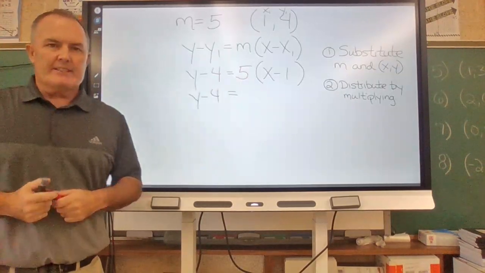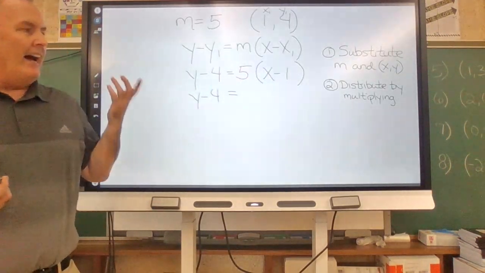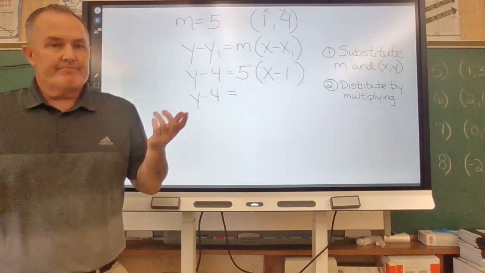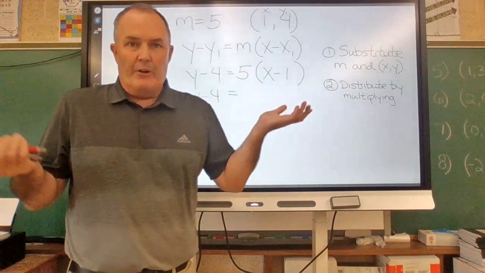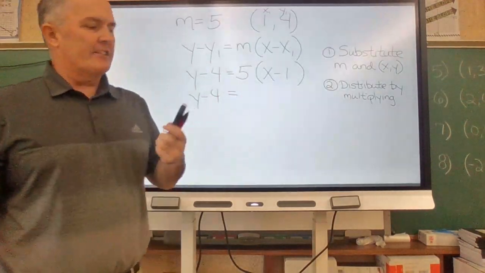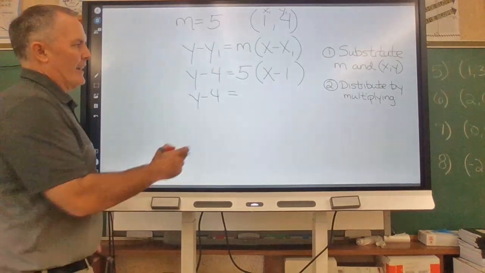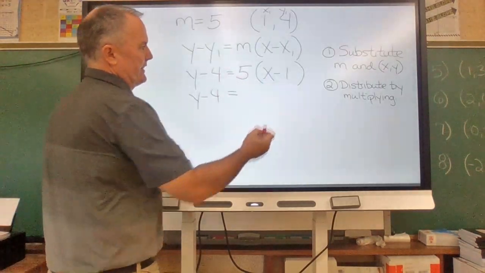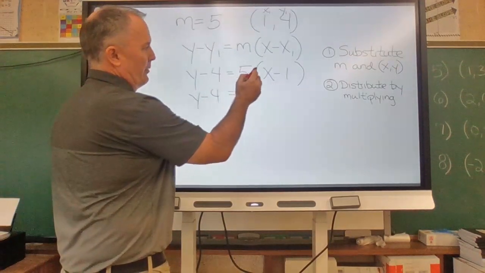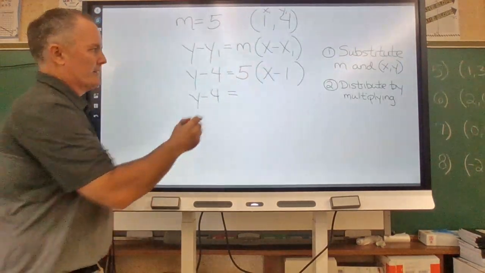However, on this right side of the equation, I have a parentheses. I can't do anything inside the parentheses. I can't take away 1 from an x. I don't know what the value of x is yet. However, I can use the distributive property. And when I have a number outside of the parentheses, what that means is I want to multiply this number times each item inside the parentheses.